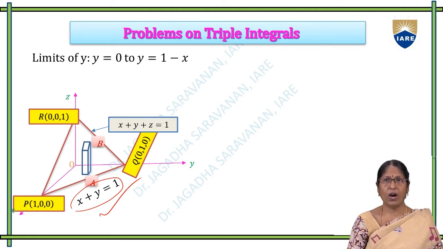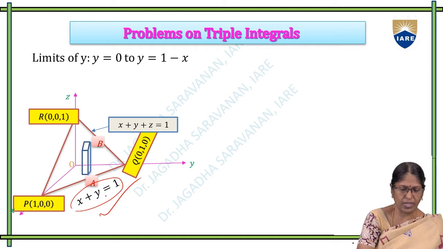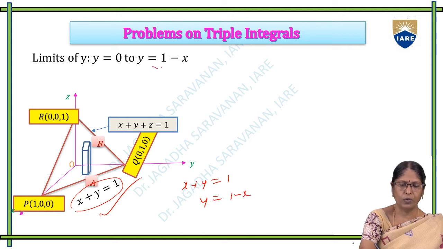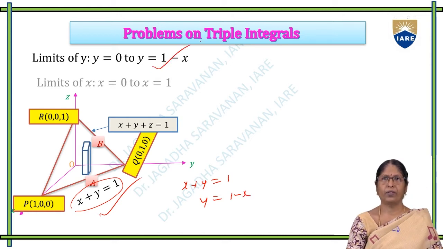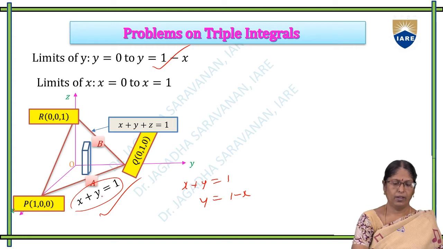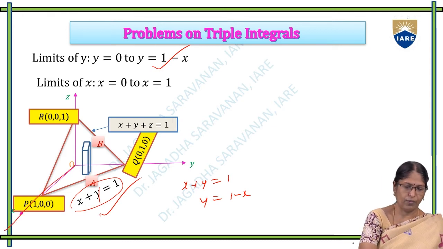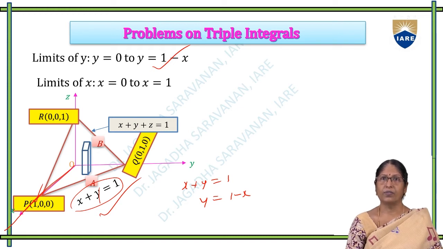So the limit of y is from 0 to 1 minus x, since x plus y equal to 1 gives y equal to 1 minus x, which is written here. Finally, y is also 0, then for x, in this direction, from the coordinates themselves we can tell it moves from 0 to 1.